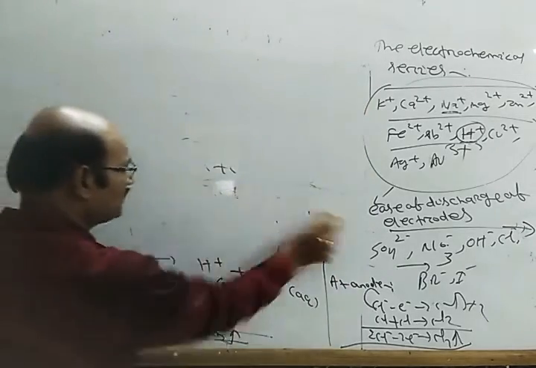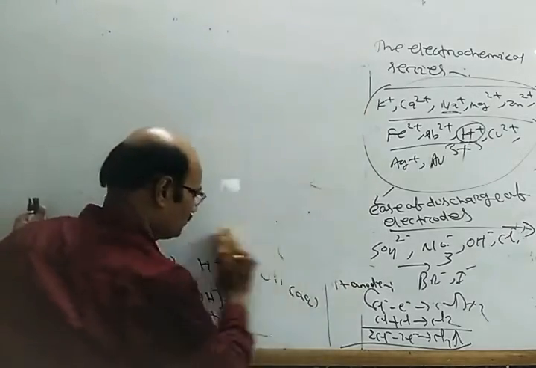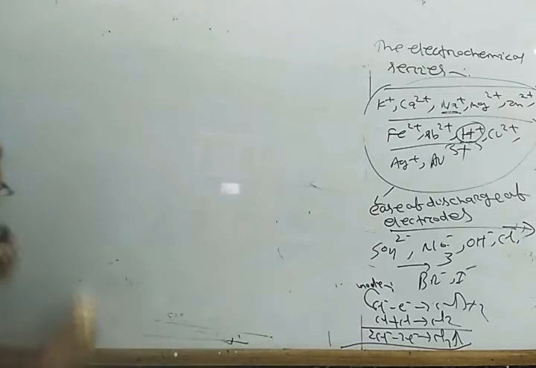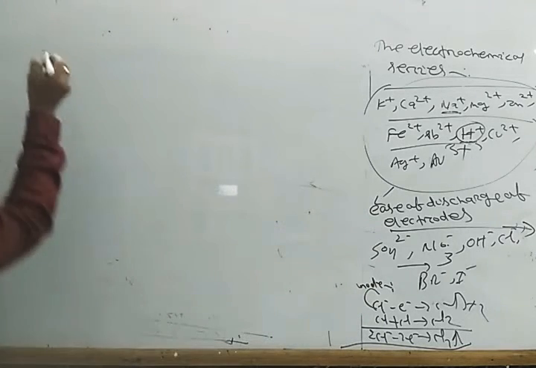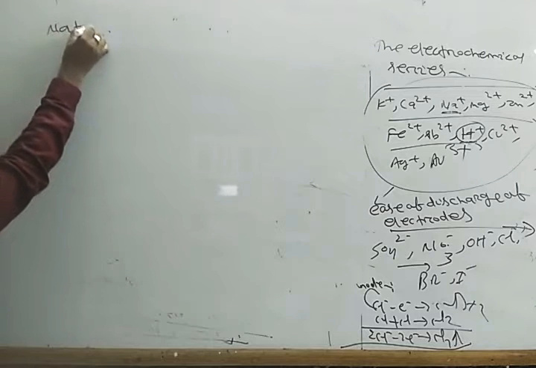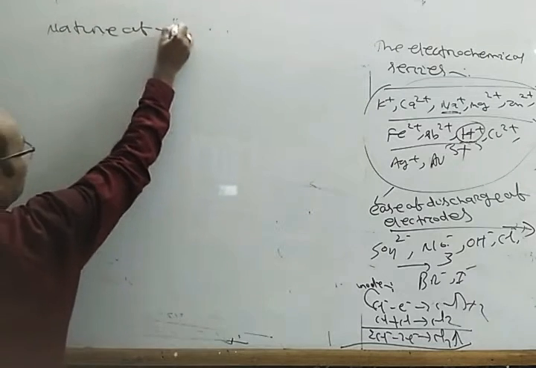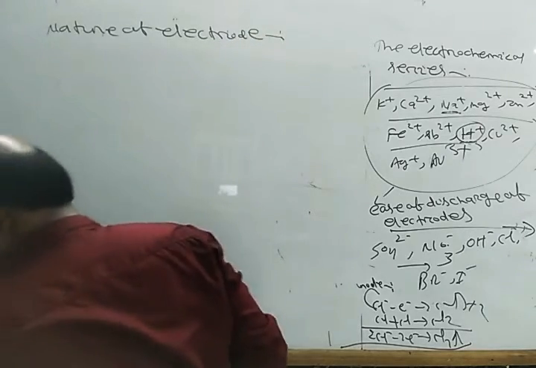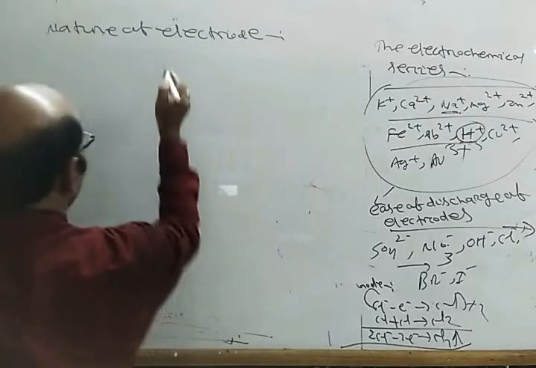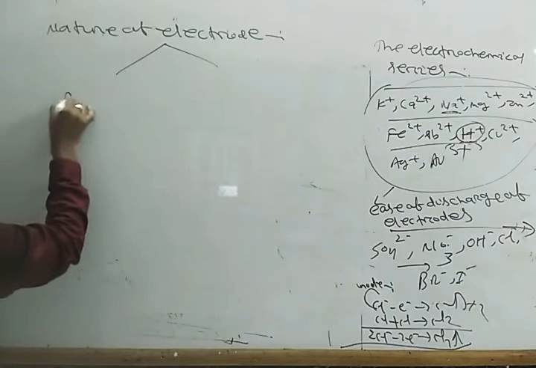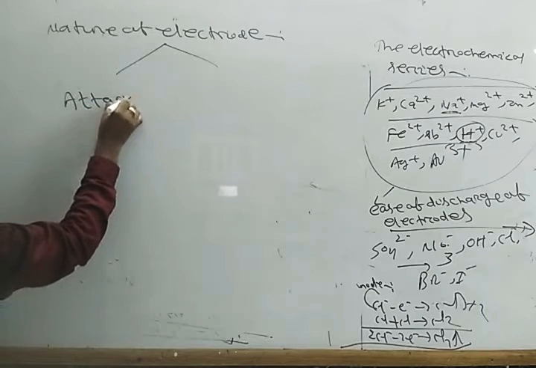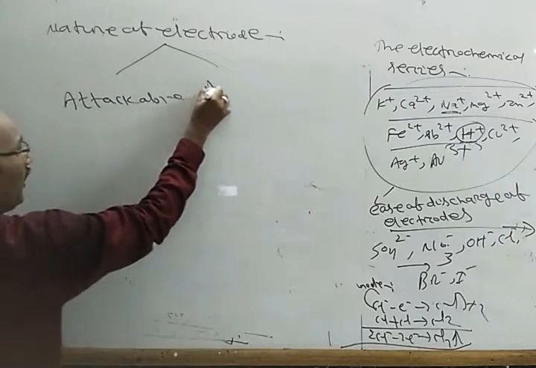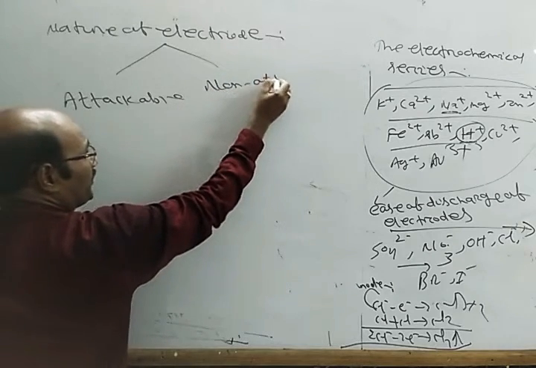Now, number 2, another thing we can discuss is how electrolysis depends upon the nature of the electrode. We have two kinds of electrodes: attackable and non-attackable.